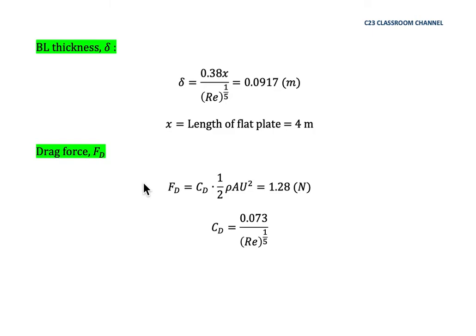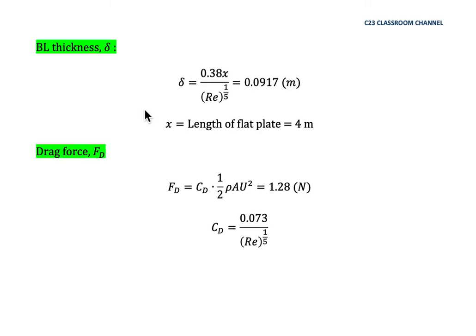As I said in the previous slide, because there is no specific velocity profile in this case, I took the 1/7 power law as the velocity profile for the turbulent boundary layer.